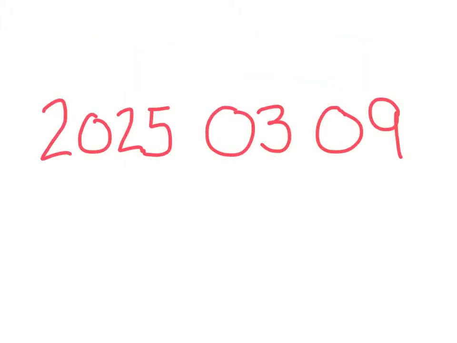How about this date in the future? What's the date? If you're guessing that it's March 9th, 2025, you're right. I just want to draw your attention here that I have a space in between both sets of the numbers. That's really important. That shows the difference between those sets.